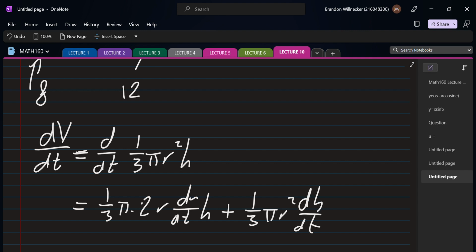Right, doing it like that. We don't know dr by dt, so that's not going to help us. So that's why on the first line we eliminated r by writing it in terms of h. It's because this bit we don't know, so this is not going to help us.